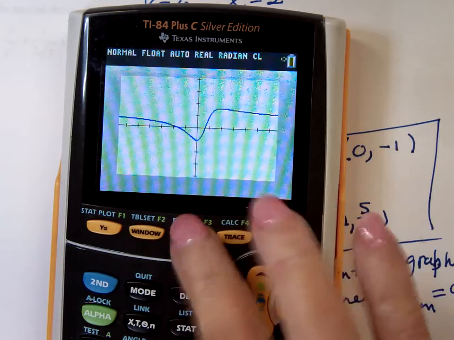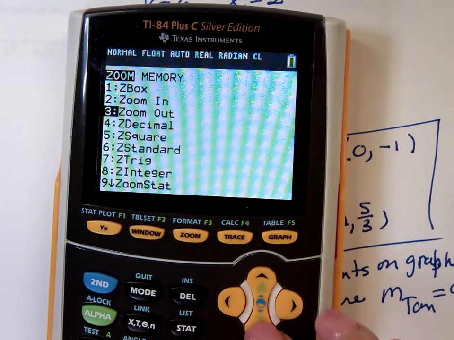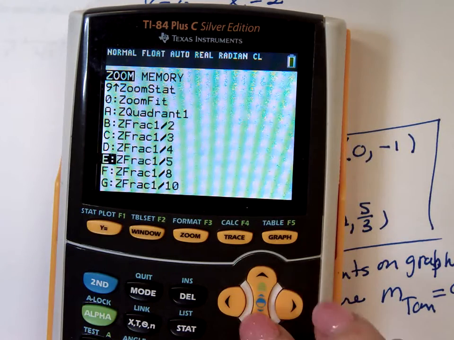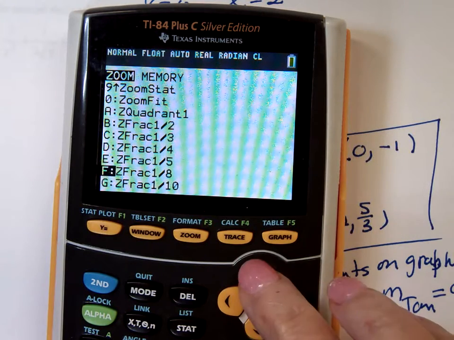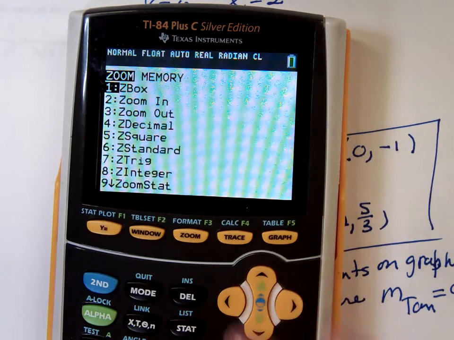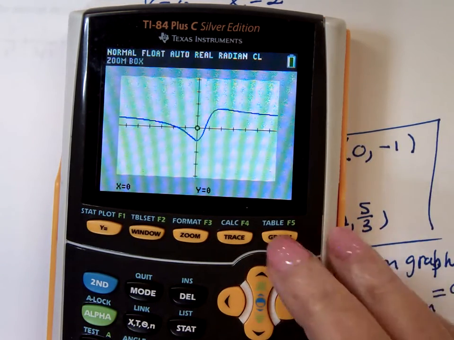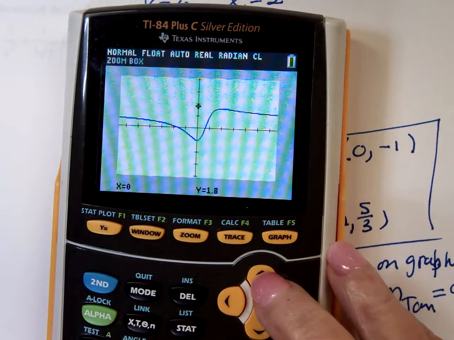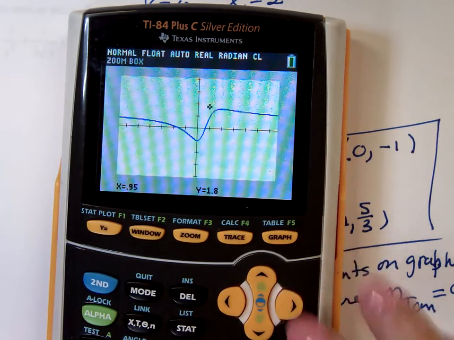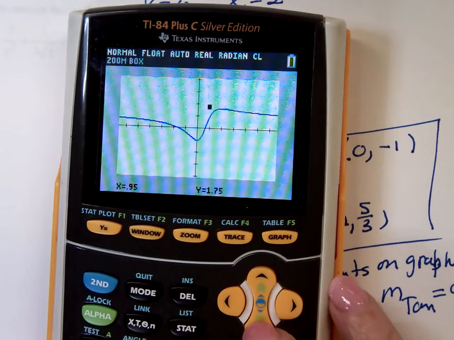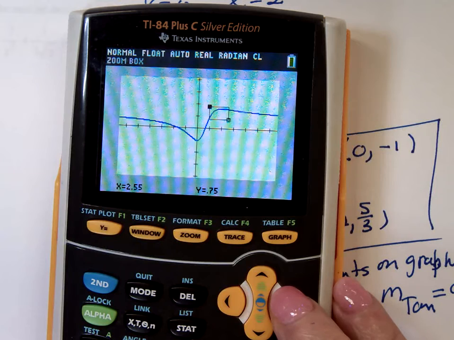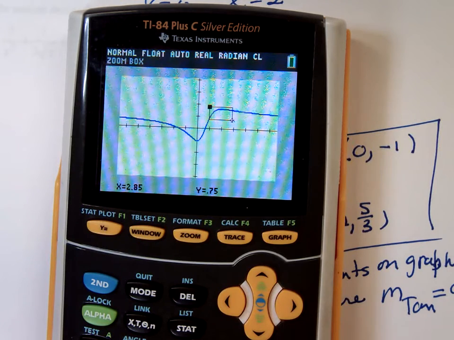I tried last hour. I did a zoom box. And I went up, and you have to get very, very close to it, to see if you can get it in there.